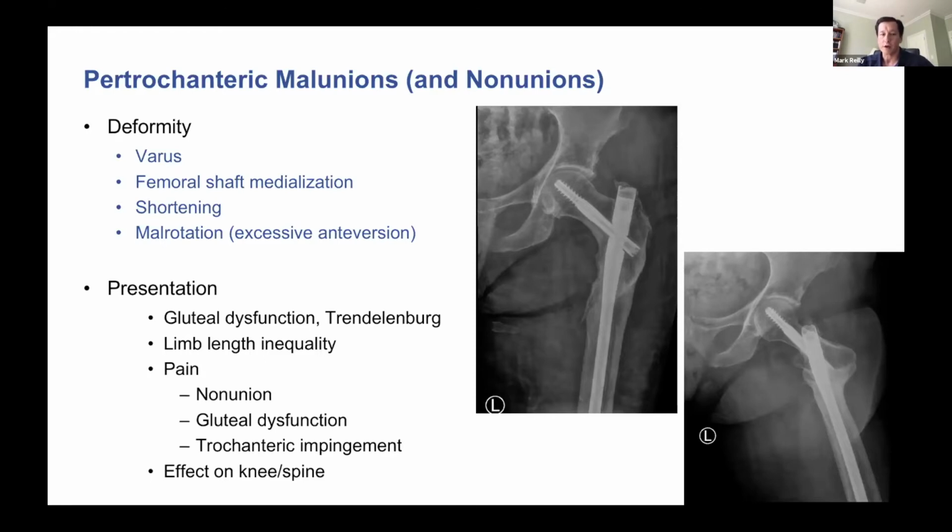They can get trochanteric impingement from the abnormal varus position of the proximal femur, and they may have hardware-related pain over sites of prominent, protruded or failed hardware.